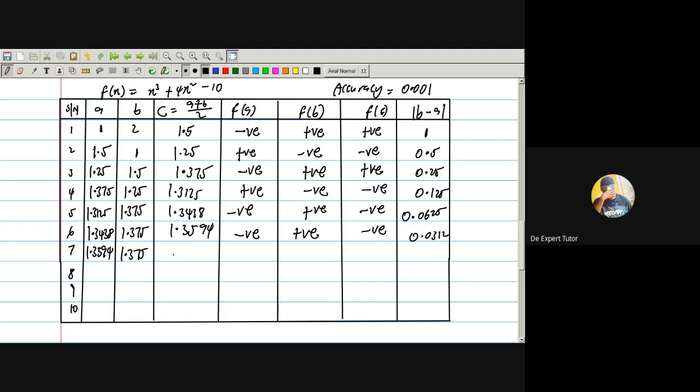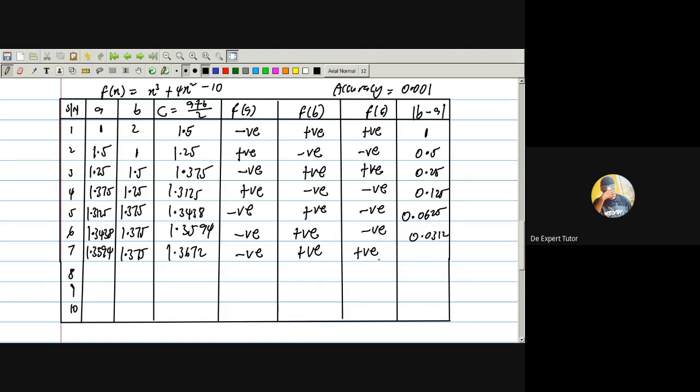So I'll bisect the two. 1.375 plus 1.3594, then divide by 2. 1.3672. So 1.3594 has a negative sign, this is positive. Then this answer goes to power 3, so I have positive.